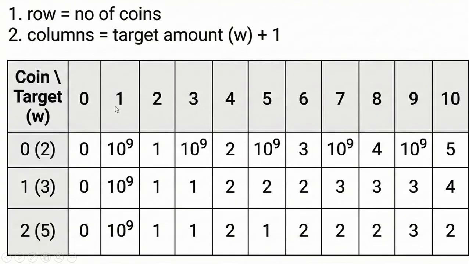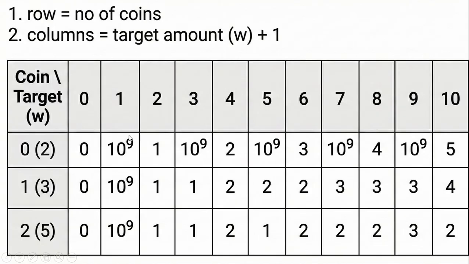But what if we have to give 1 rupee to a shopkeeper, but we have only coins of 2 rupees? Is it possible to give 1 rupee to a shopkeeper if we have a coin of 2 rupees? No, it is not possible. So what will we do in this scenario?